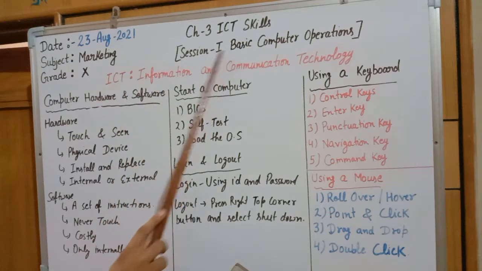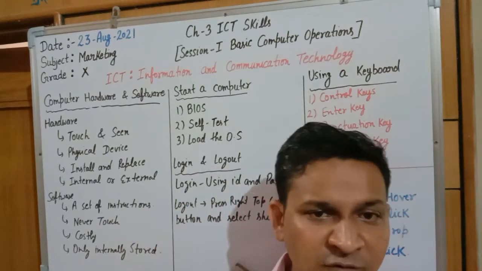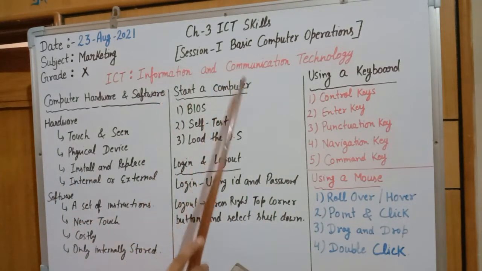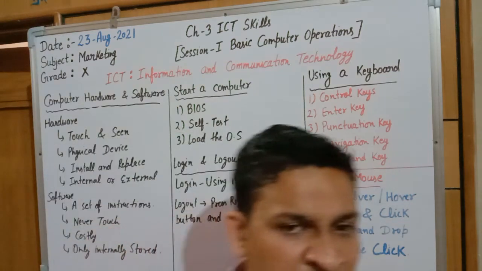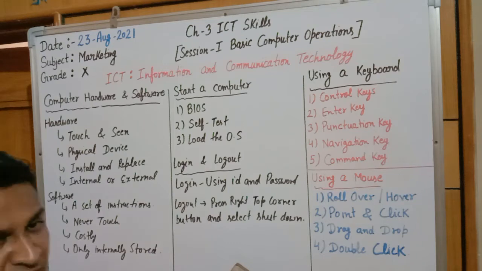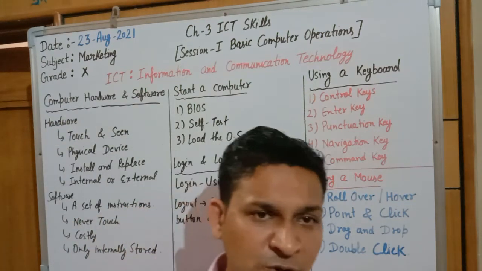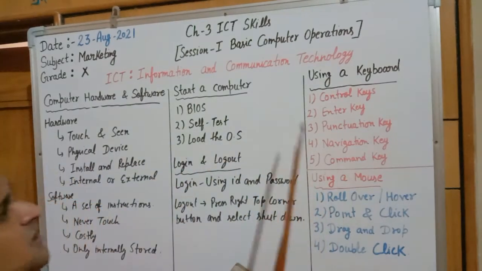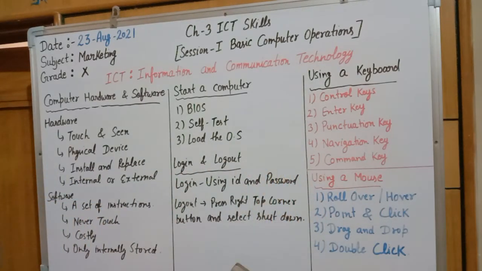Before going to discuss the topic, first we need to understand what is ICT. ICT means Information and Communication Technology. It is helpful to create information, to retrieve information, to store information, to transfer information by using a specific technology, by using a specific device.